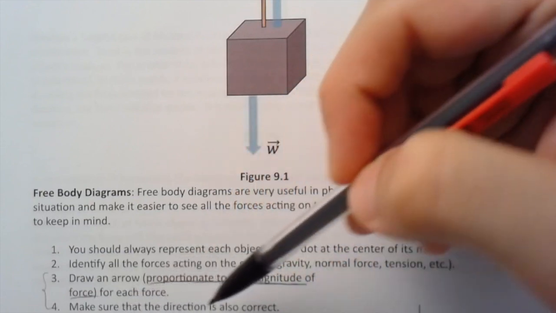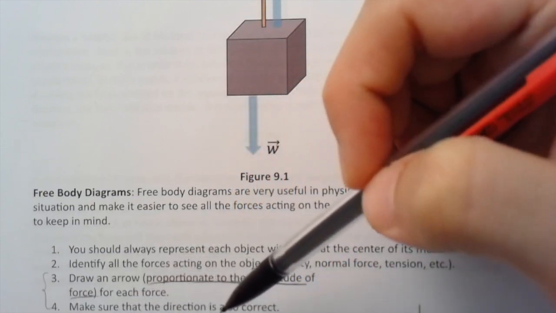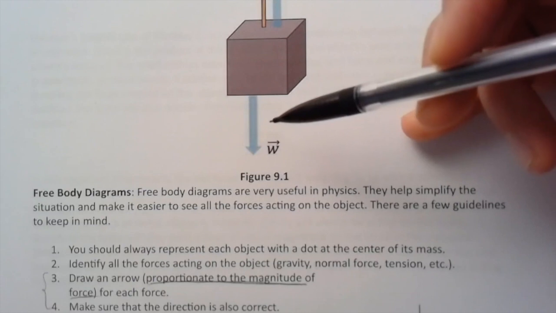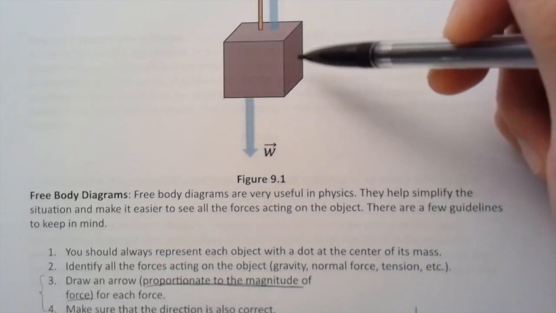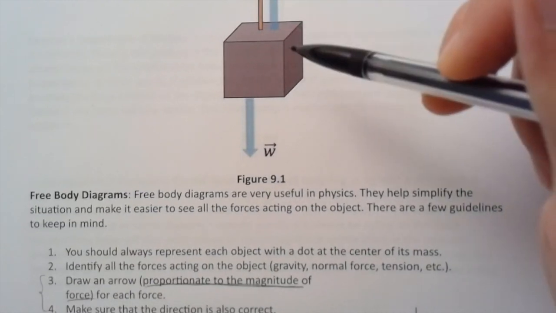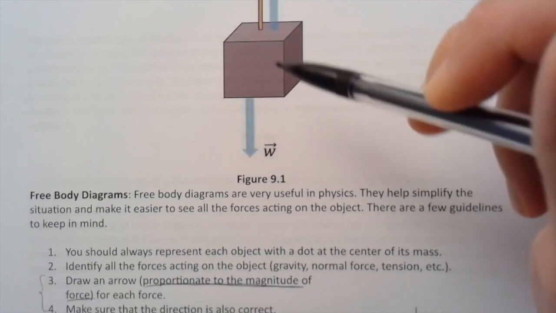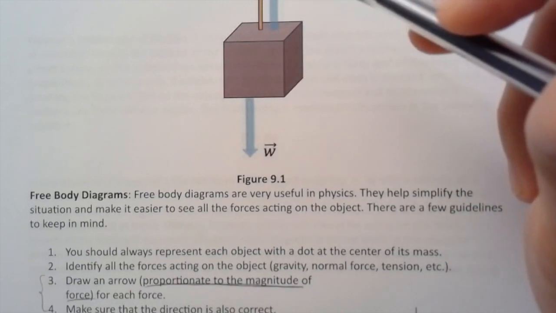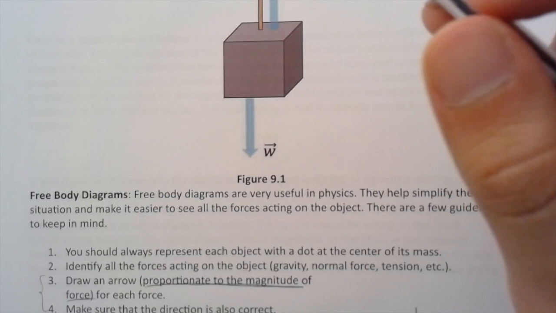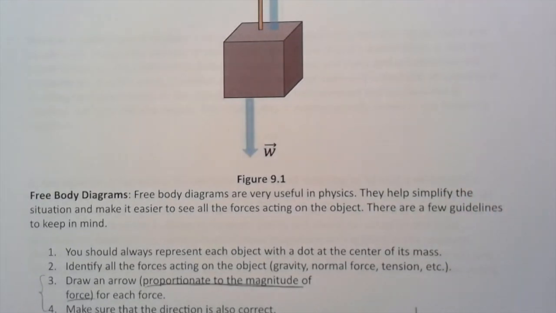You want to make sure that if weight and tension are acting on it, in this case, for example, the tension points up and weight points down, because if both point in the same direction, then that means that object has a lot of forces acting on it in that direction. And the center of mass is where each arrow should originate from.